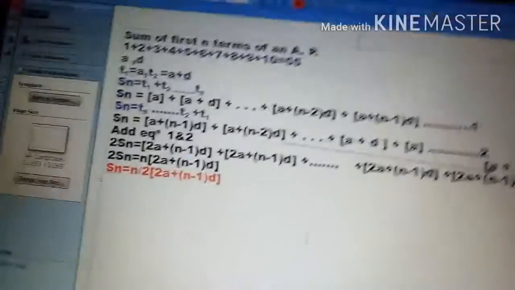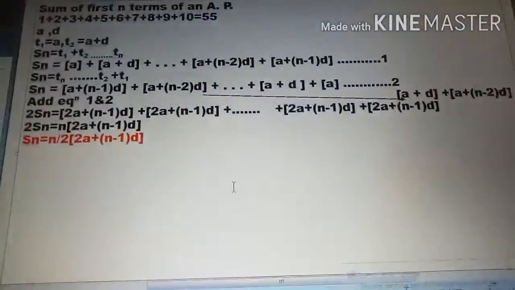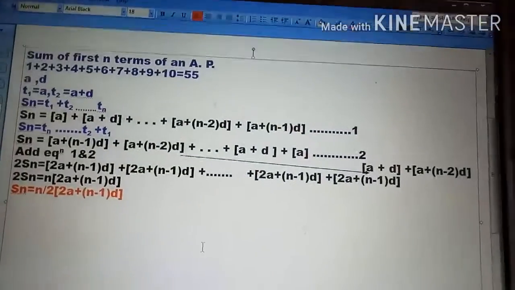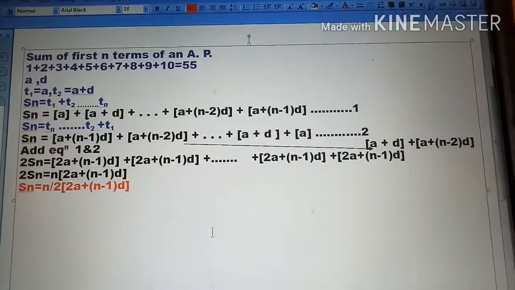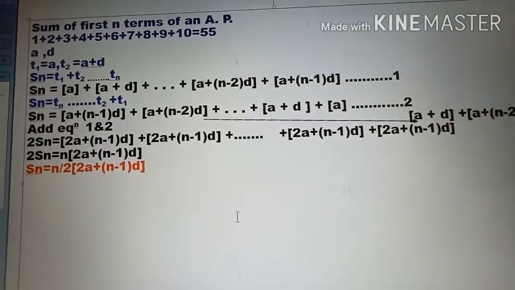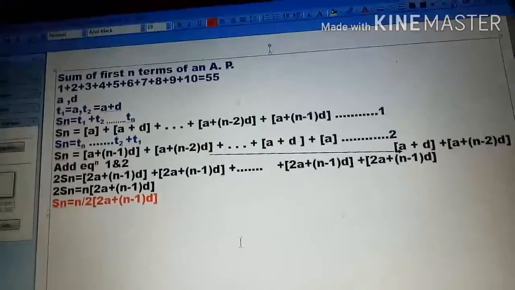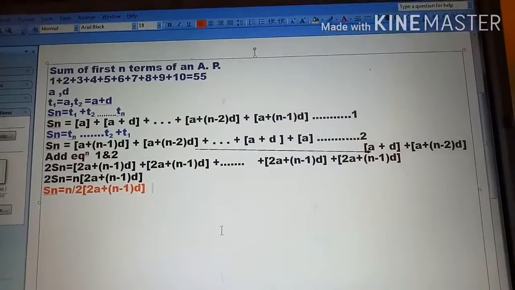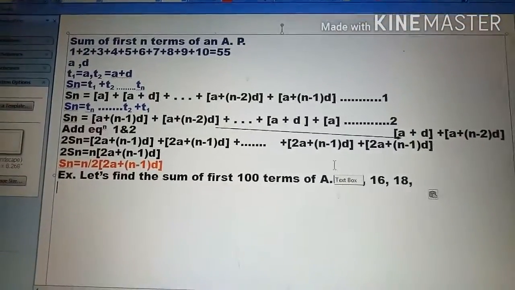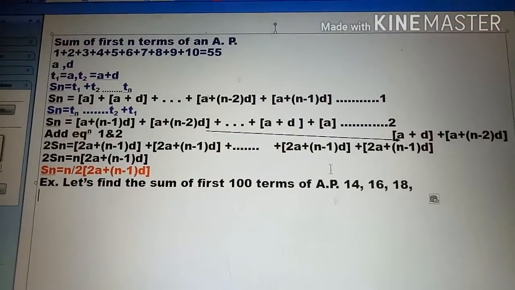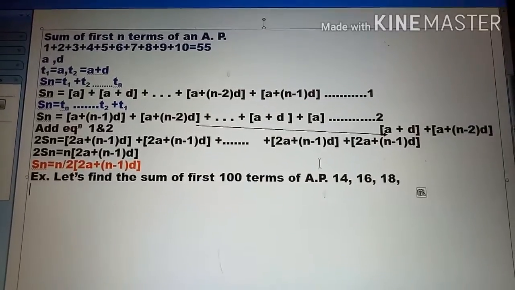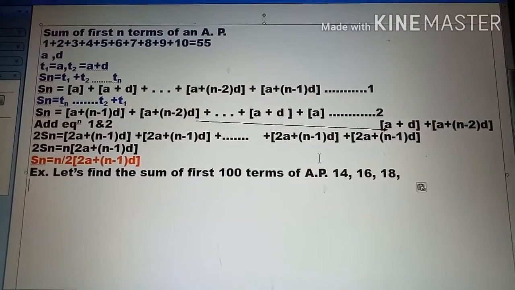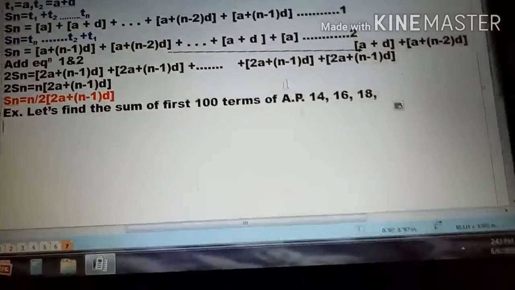Okay, so like this the theorem is completed, but I want to explain one example so you can easily understand how it works. Let's find the sum of first 100 terms of the arithmetic progression 14, 16, 18, and so on.